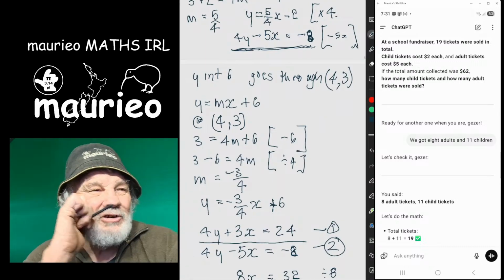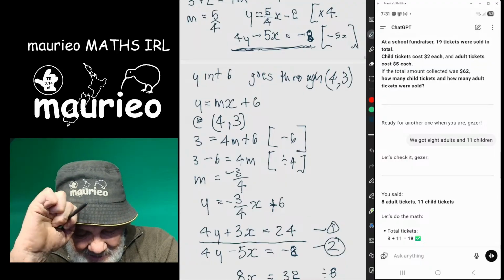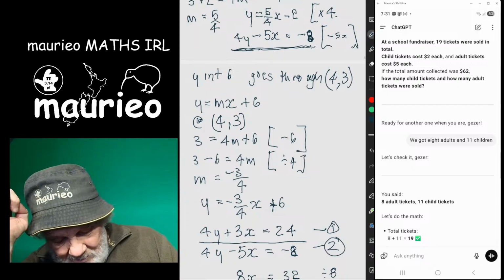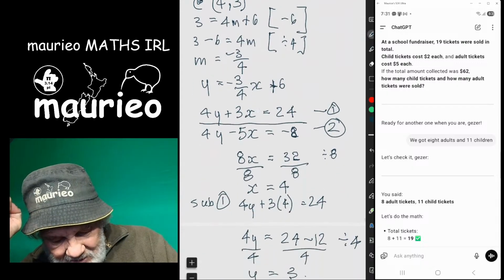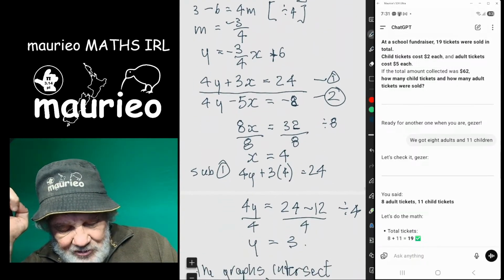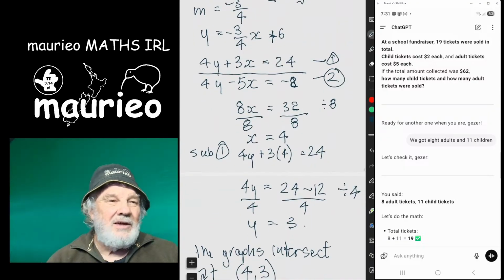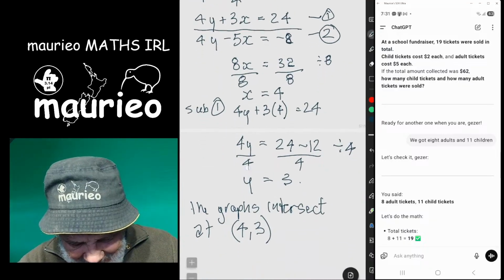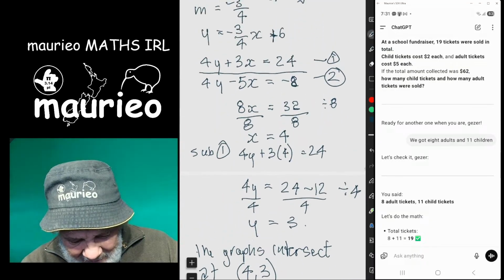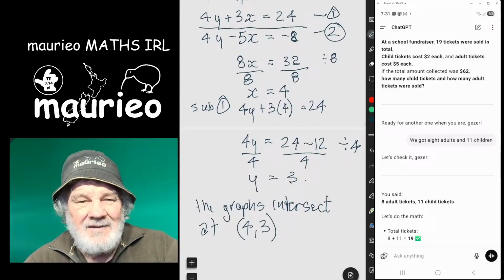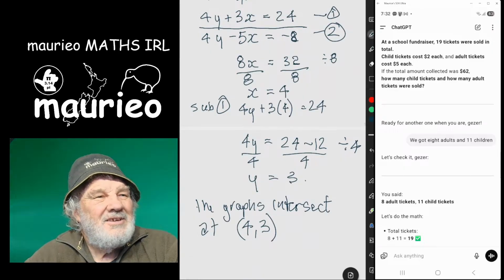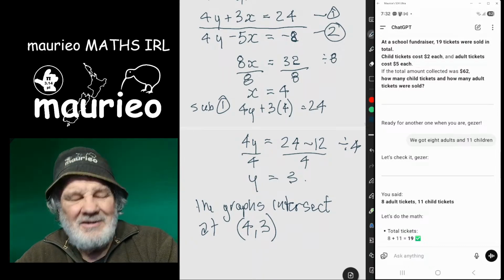Calculate what m is, the gradient, and then we can multiply that out. So we multiplied that out, and then we solved our two equations. So that would be the question that we put to our students, and we came up with the answer that they intersected at 4, 3.